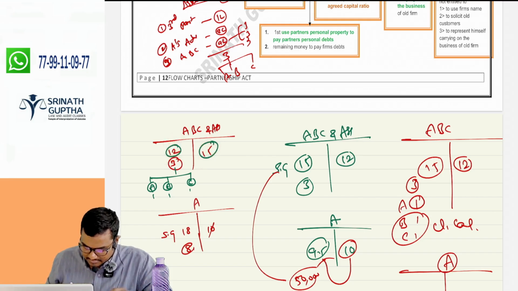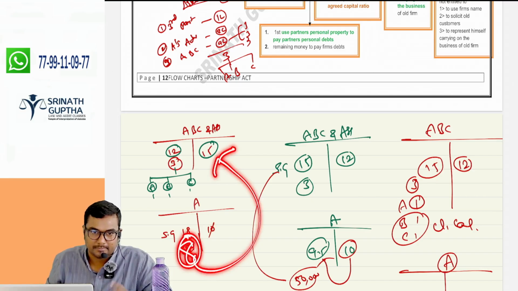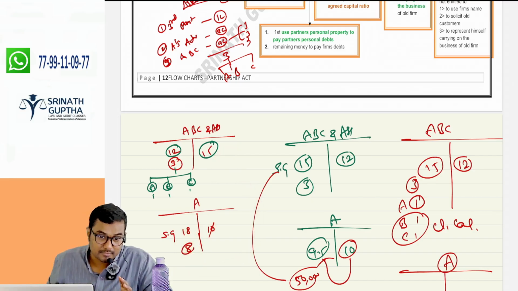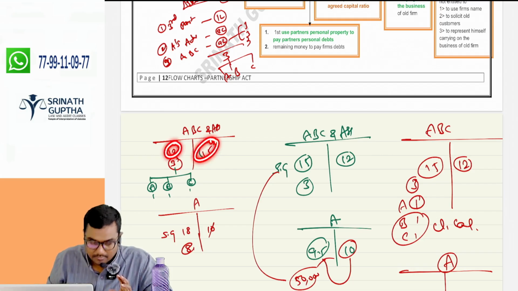See, on the date of dissolution, the firm is solvent, the partner is insolvent. So partner assets 10, liabilities 18. So A has to give me 18 lakhs. First I will take 10 lakhs from him. How much is left? 8 lakhs. I said I will take this 8 lakhs from the firm property. But the firm said, hey Babu, wait. From my assets, let me pay my liabilities. 15 lakhs assets, 12 lakhs liabilities. How much is left? 3 lakhs.